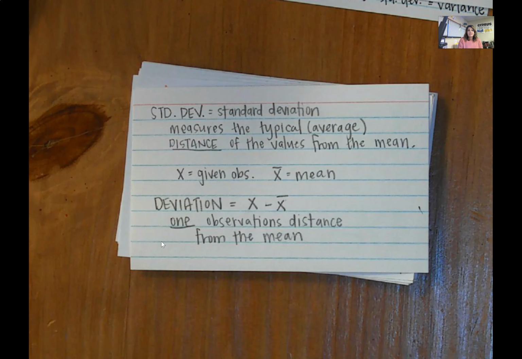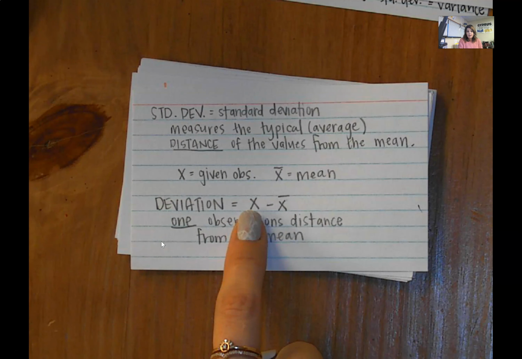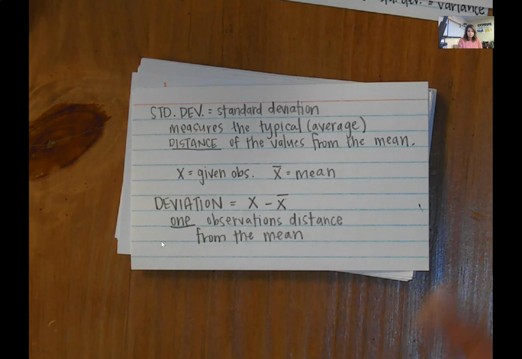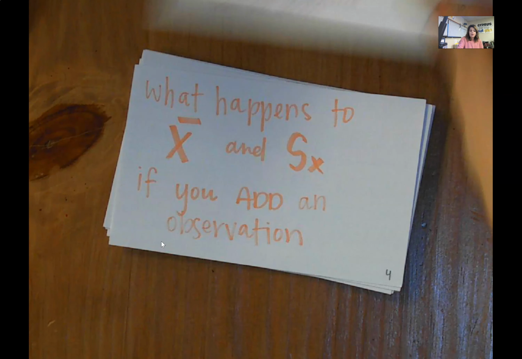Deviation is the distance of one observation from the mean. So standard deviation is the average distance of all observations. Deviation is when I give you a value and you tell me how far away that is from the mean. So why does that matter?